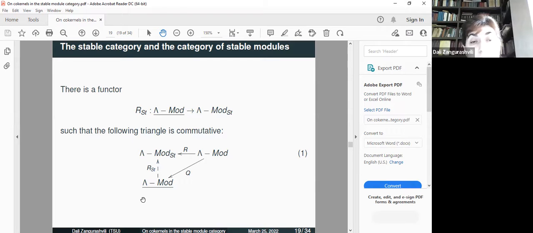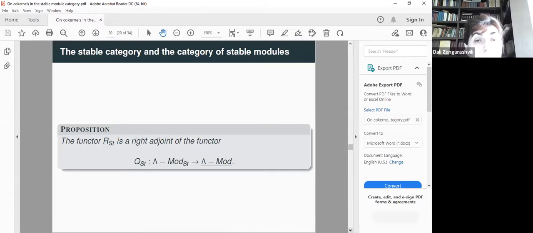As to morphisms, we take an arbitrary representative and consider its restriction on the sum of all stable submodules of that module, and it is easy to verify that this construction doesn't depend on the choice of the representative. So we have such a functor, and we have such a proposition. This constructed functor is a right adjoint of the functor Q sub ST.